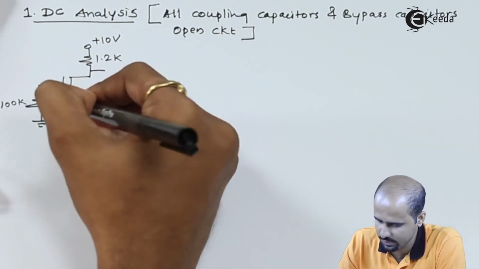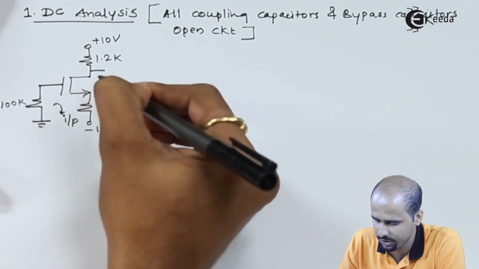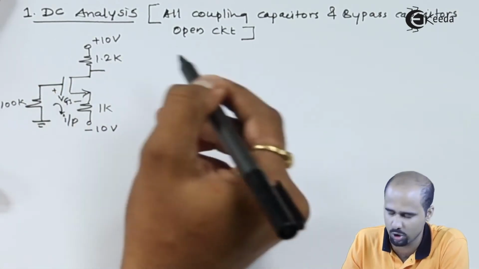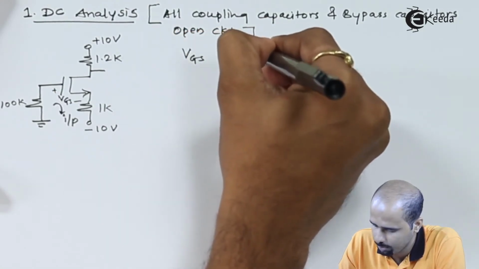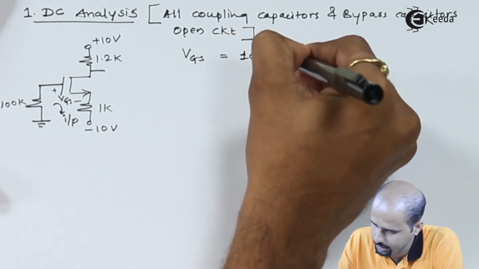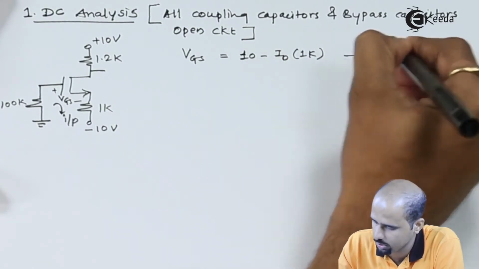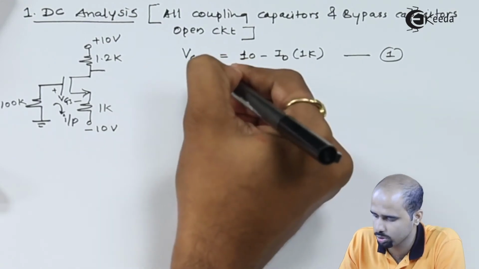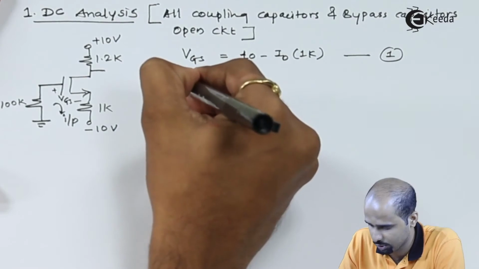Okay, let's start with the DC analysis. In the DC analysis we directly find out the value from the input KVL. With the input KVL we'll get to know the value of VGS in terms of ID. So we'll get VGS is equal to minus 10 minus ID into 1K. That will be the first equation. The second equation we will be getting through the MOSFET equation of saturation current.